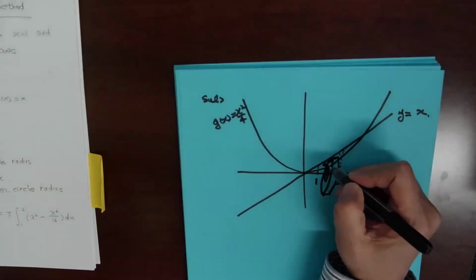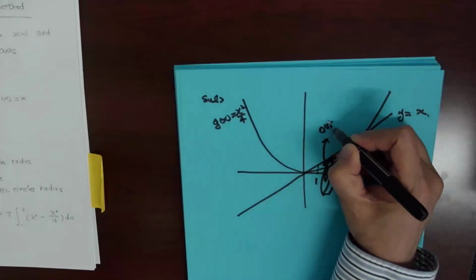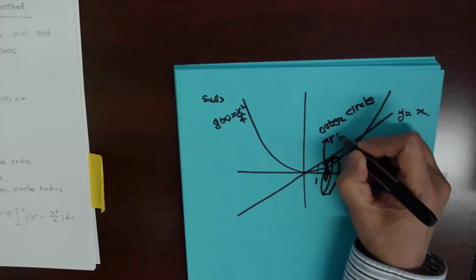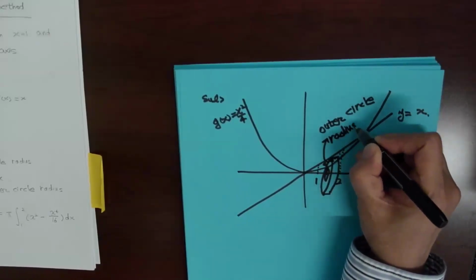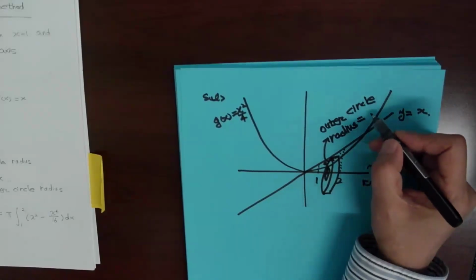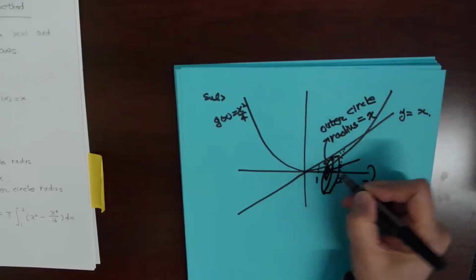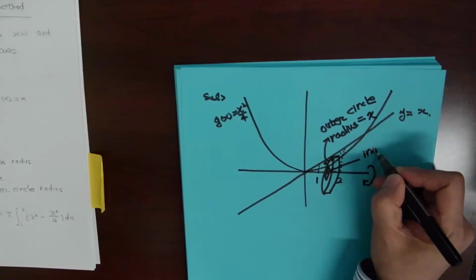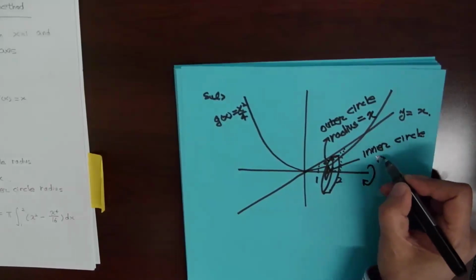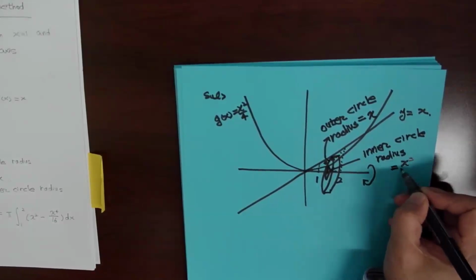The outer circle radius is defined by y equals x, so that is x. And this one is the inner circle, that is x squared over 4.